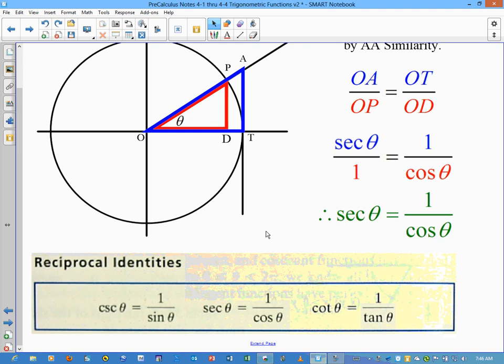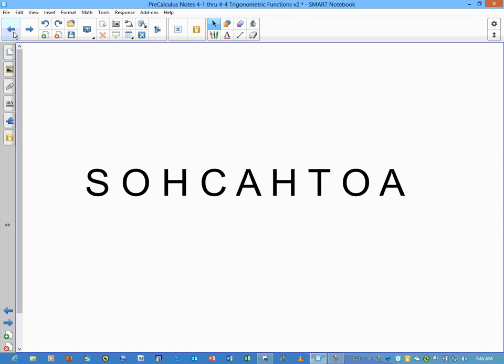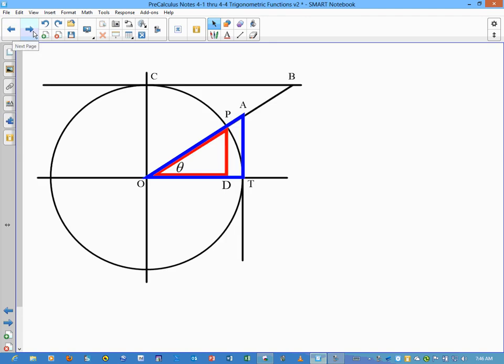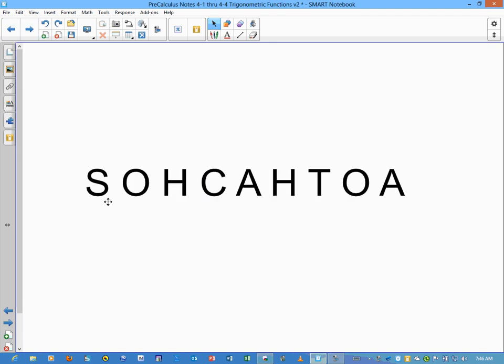All right, the other identities that we're going to need to know are the quotient identities. So let's take a look at those. Oh, one thing before we do that: sometimes you might have trouble remembering which ones are reciprocals with which ones. This is something one of my students actually came up with that I like, so I incorporated it. We all know SOHCAHTOA, but what they did is add to this to remember which ones are reciprocals.